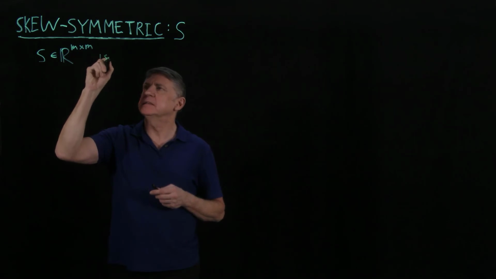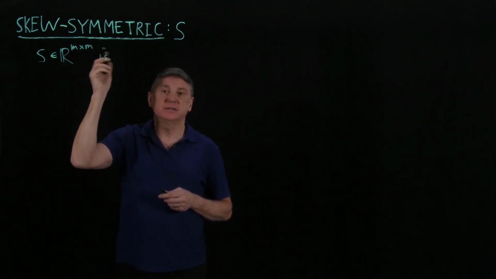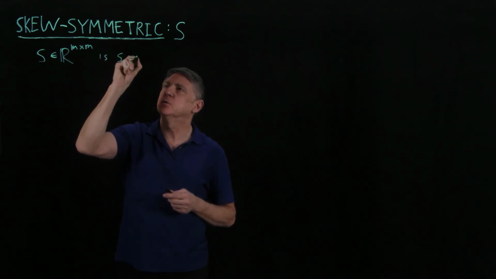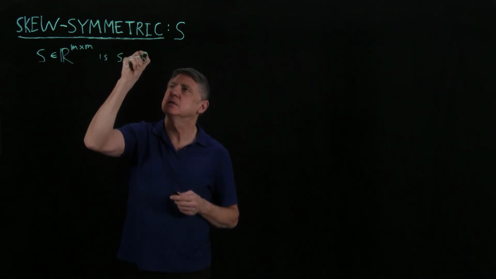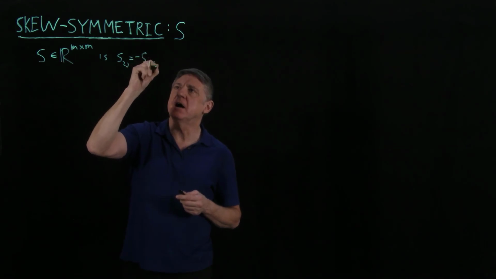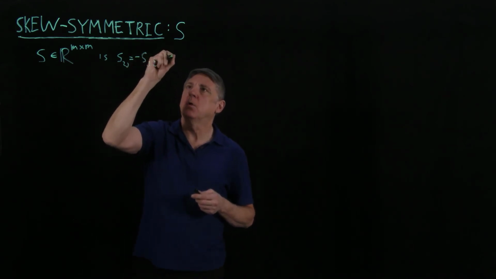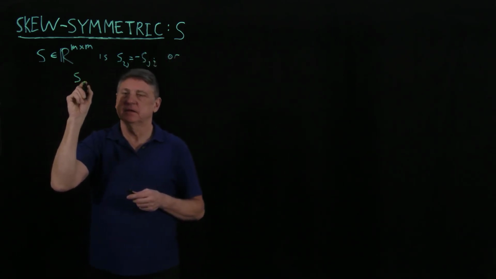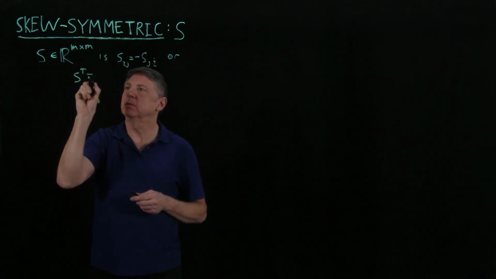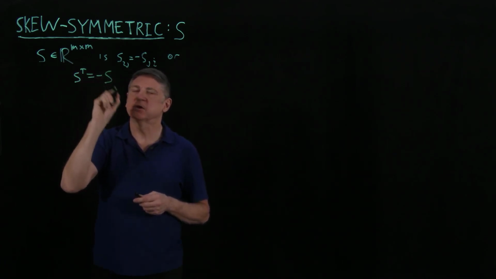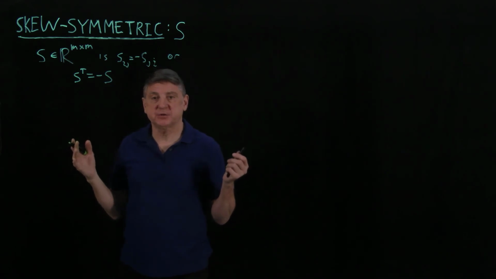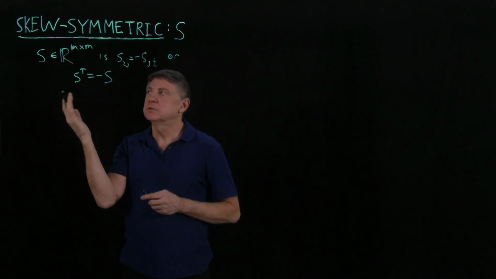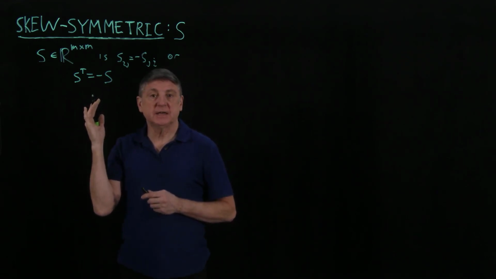And we can define it in terms of components or entries as Sij equals minus Sji, or we could define it as S transpose equals minus S, or S equals minus S transpose, etc. And so this is a skew-symmetric matrix, and it's a normal matrix.